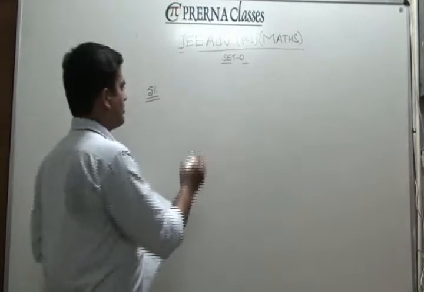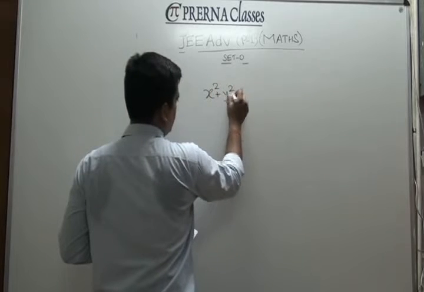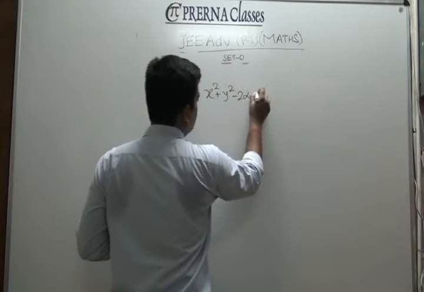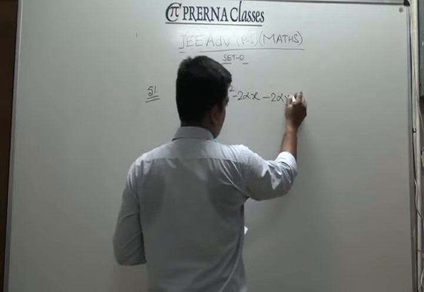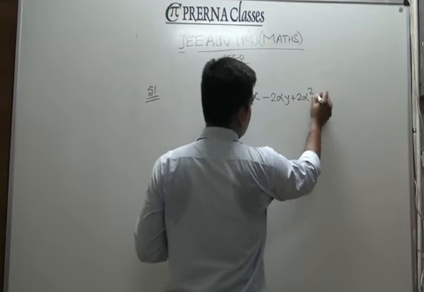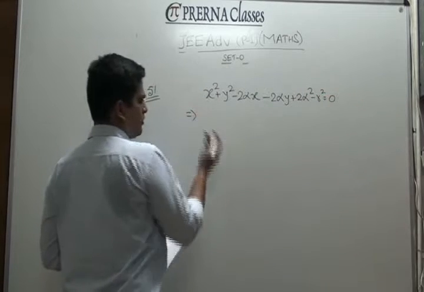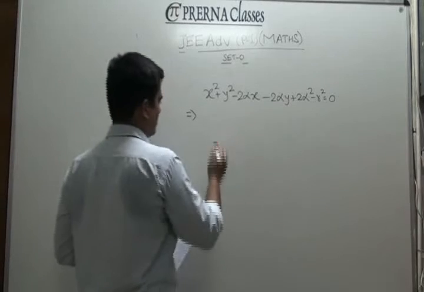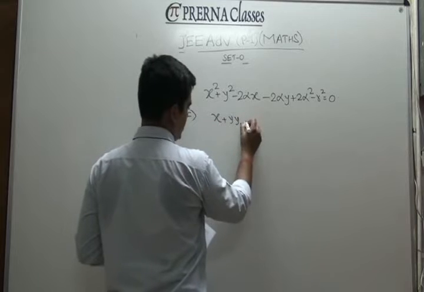The next problem is related to differential equation of family of curves, which is related family of circles actually having center on y equal to x. Clearly you can check a circle having center at y equal to x, say I am taking alpha alpha as the center. Equation of such a circle is going to be like this. Since you are looking at differential equation corresponding to it, you have to clearly differentiate this relation.